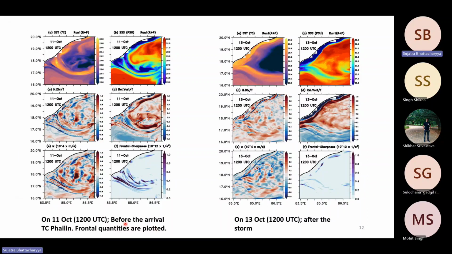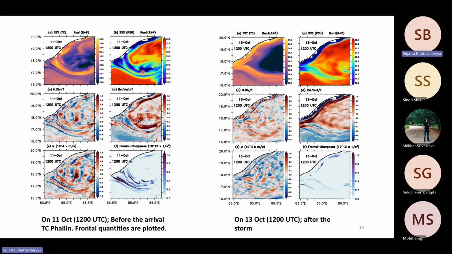This is just before the arrival of the storm, and I plotted the frontal frequency. This is SST, this is SSS, this is horizontal divergence, this is Rossby number, this is vertical velocity, and this is frontal sharpness. In temperature there is also some filament-like structure, but it is more prominent in salinity.